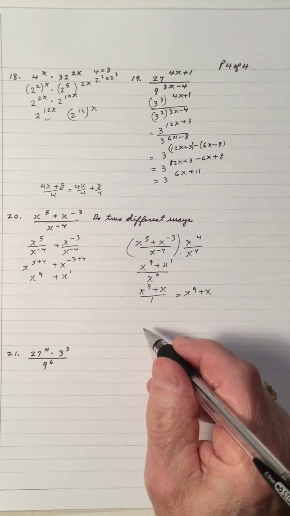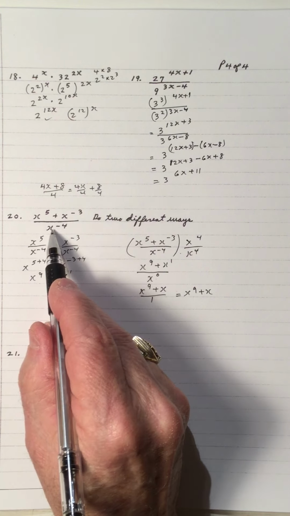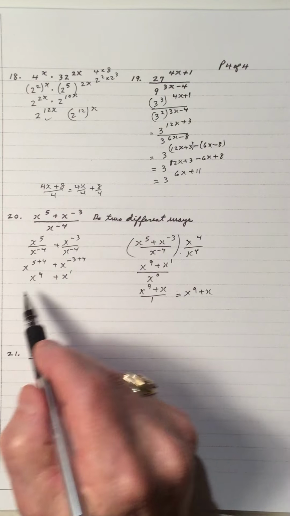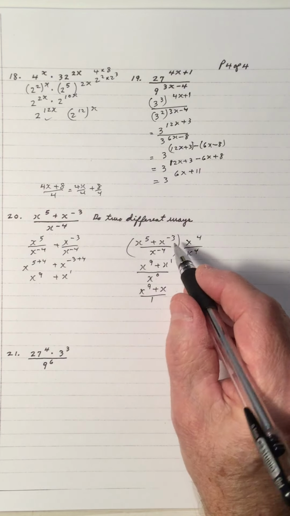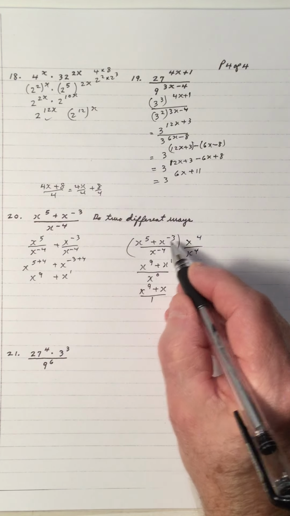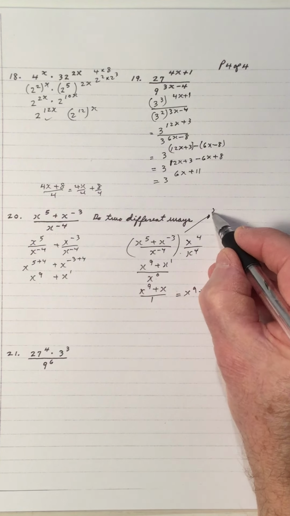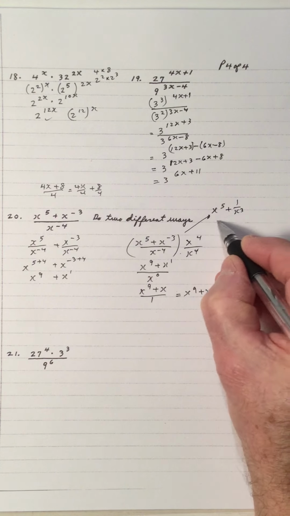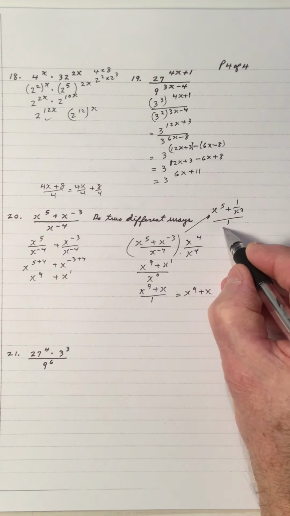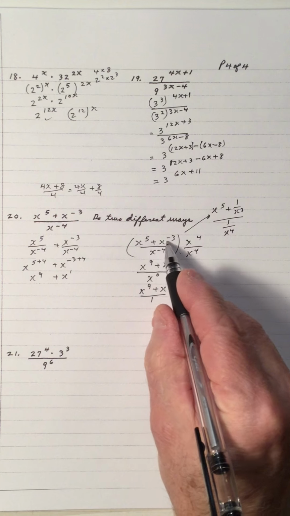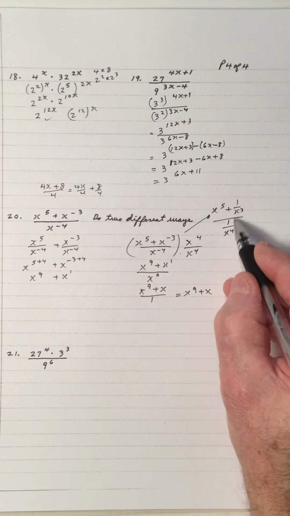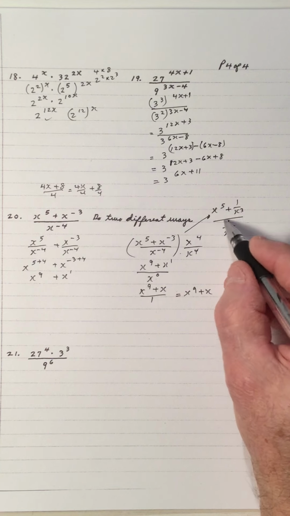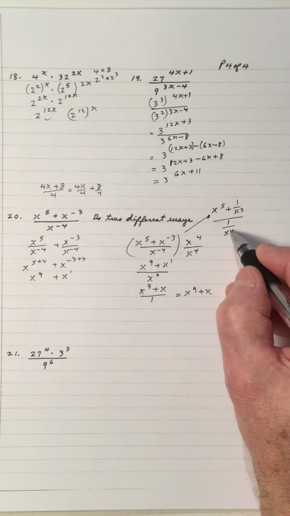So that's the 2 different ways. One is to take x to the negative 4, divide into both of these, and then simplify. Or the other way is to, remember, you got fractions. So remember, this is also x to the 5 plus 1 over x cubed, and that's 1 over x to the 4. So if you change your negative exponent to fractions, you have complex fractions. So to get rid of this complex fraction, the LCD is x to the 4.